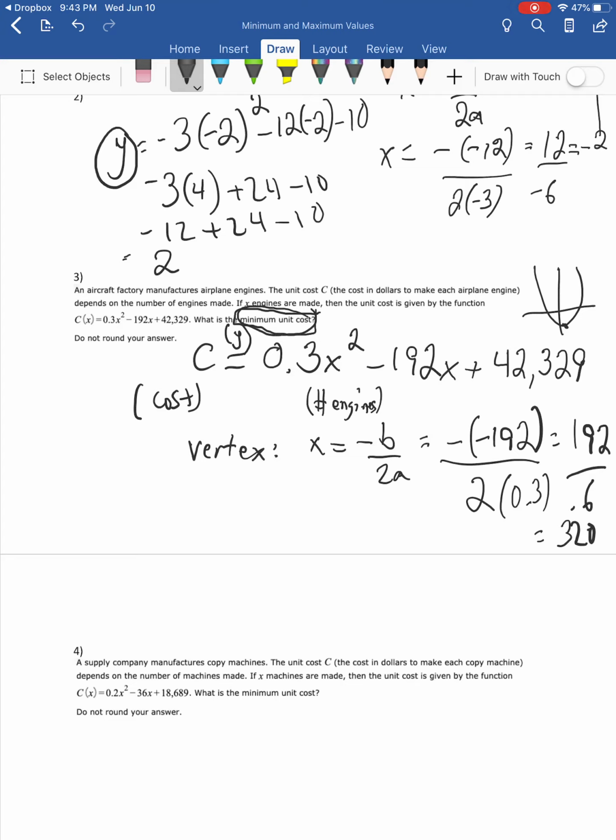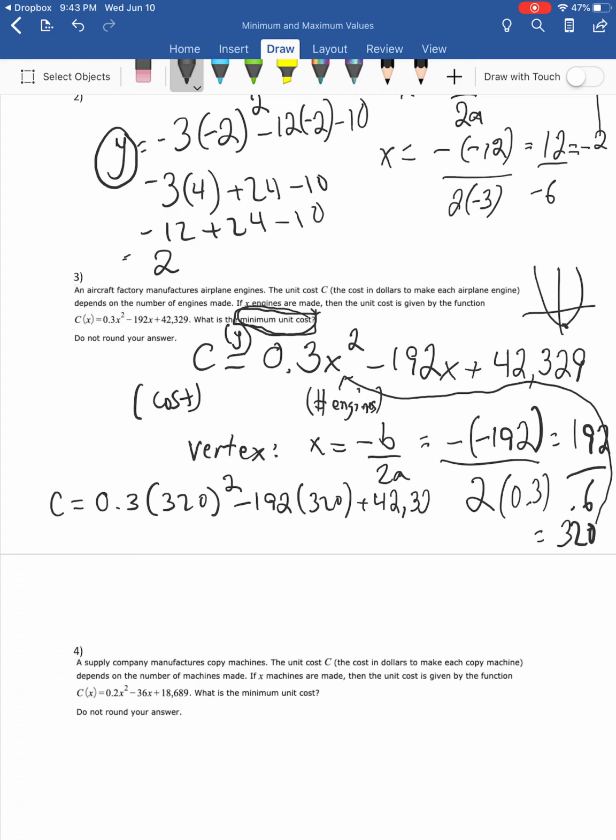So to get the minimum value of C, we need to take this and substitute in, okay? So we're going to go C equals 0.3 times 320 squared minus 192 times 320 plus 42,329. Okay, so this is going to get a little messy, but let's go to the calculator. 320 squared, 102,400.